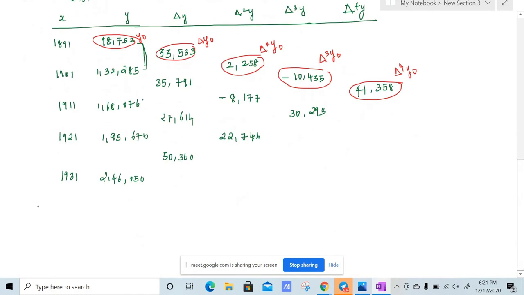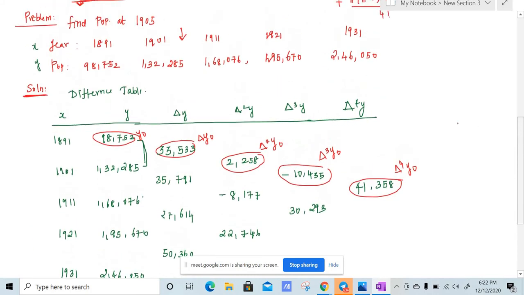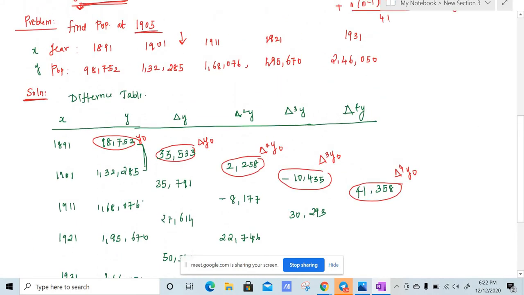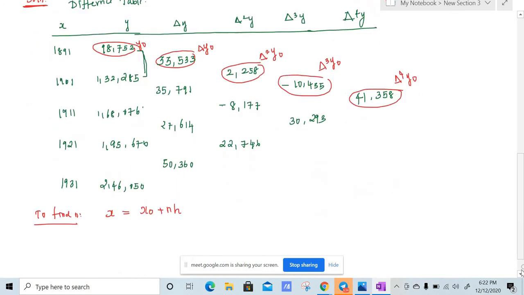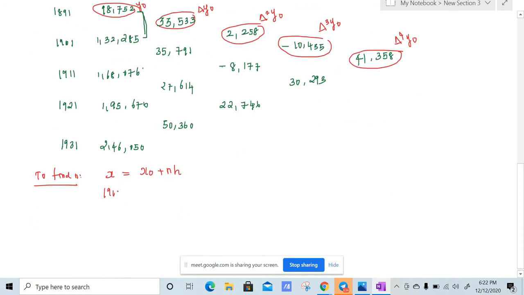So to find n, you just make use of x is equal to x naught plus nh. From this formula you can find n. x is the unknown that we need to find. What we need to find is to estimate the population at 1905, so our x will be 1905.